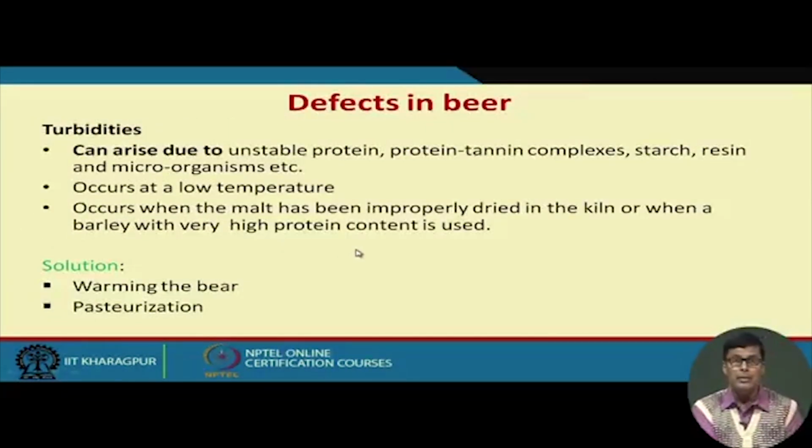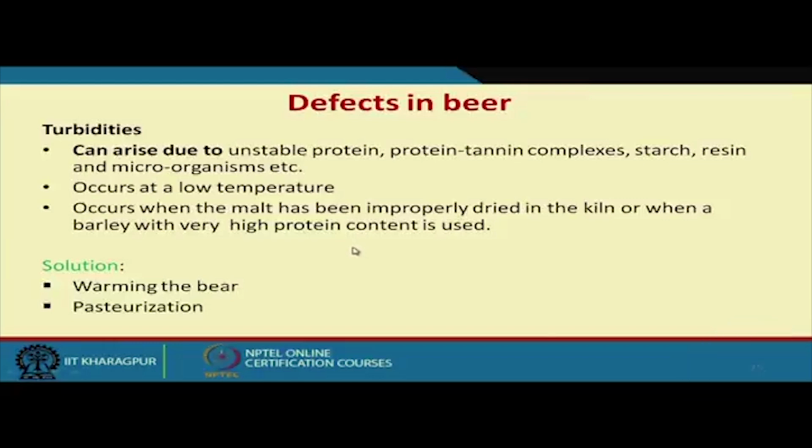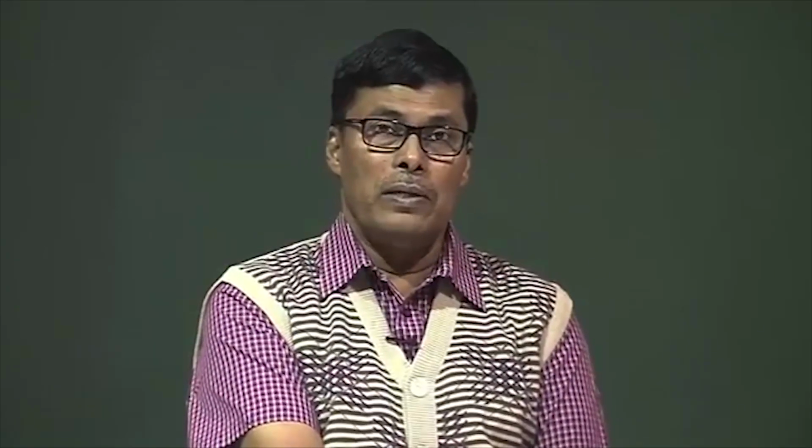Now beer has several defects. Defects of beer arise mainly due to the precipitation of the proteins or remaining suspended particles.